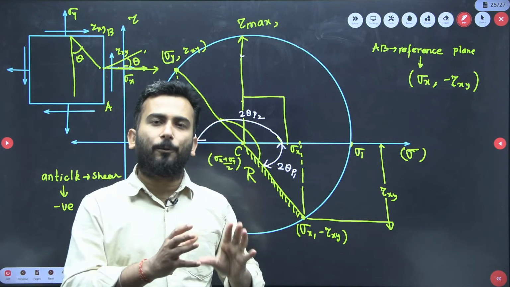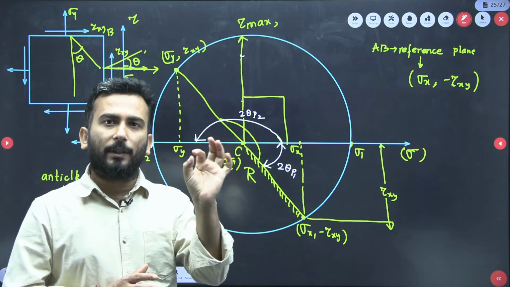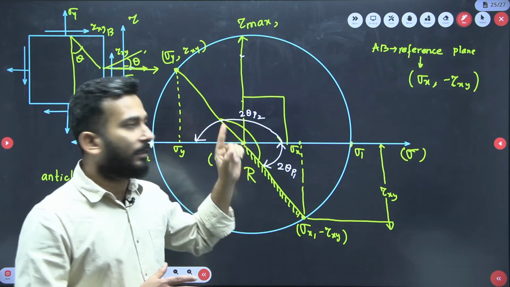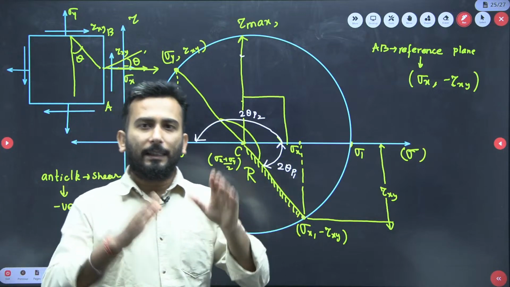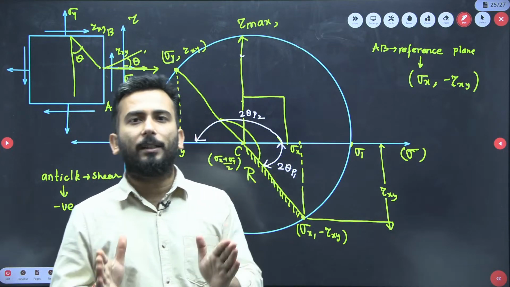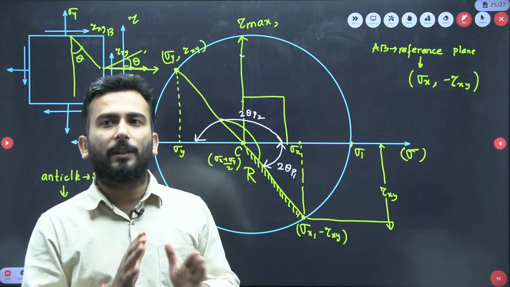So the journey from a single state of stress at a point to this Mohr circle is the complete concept of stress transformation.